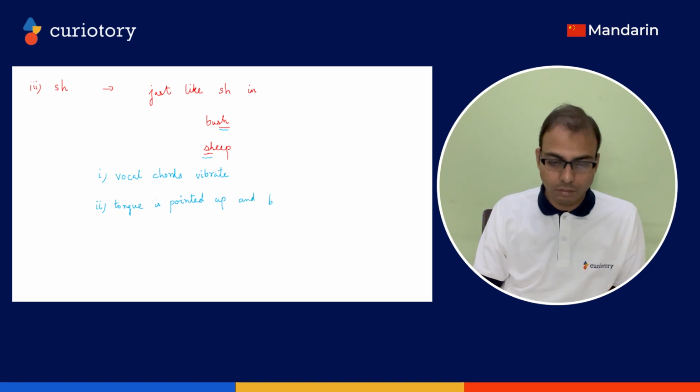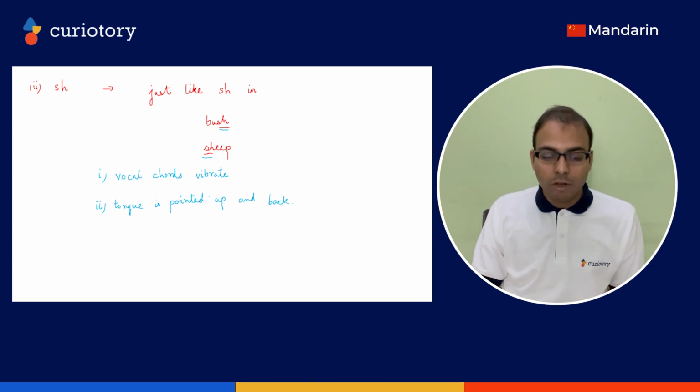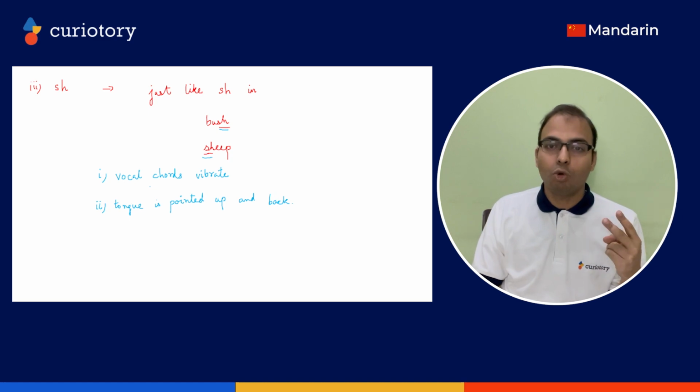So when you are saying SH, you pronounce it just like the SH in bush or sheep, the vocal cords vibrate, and the tongue is pointed up and back.